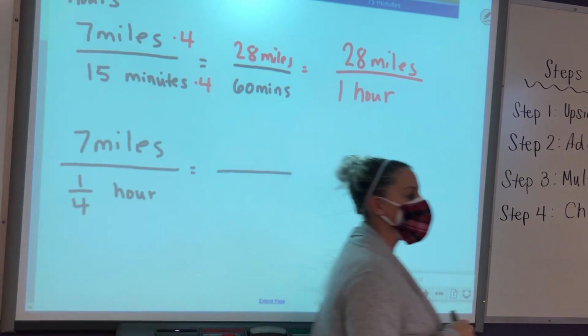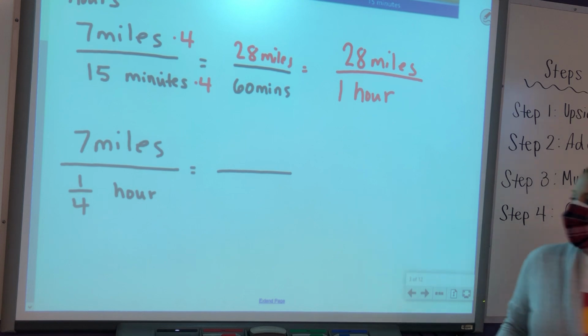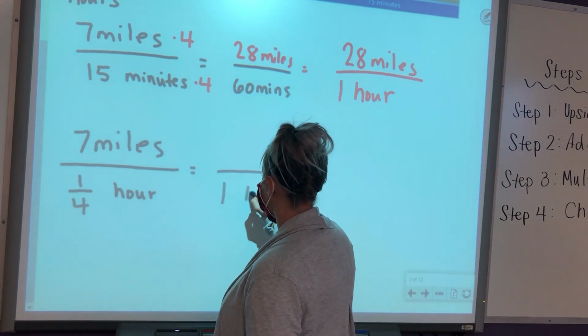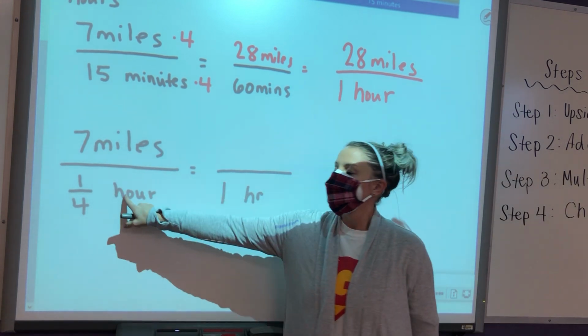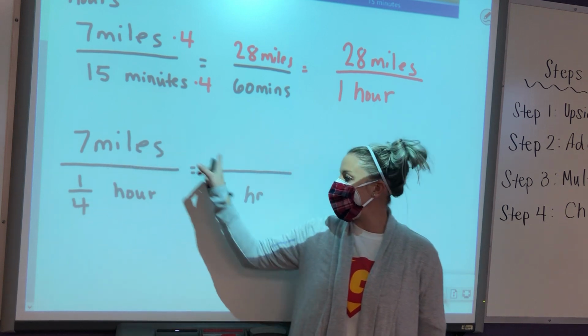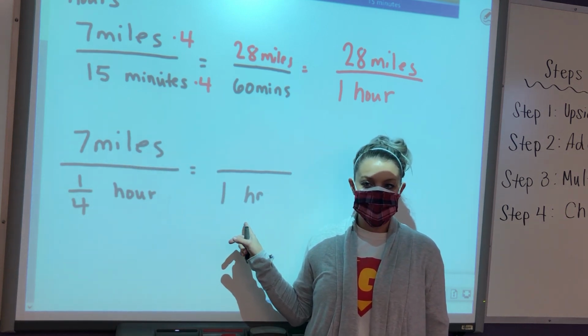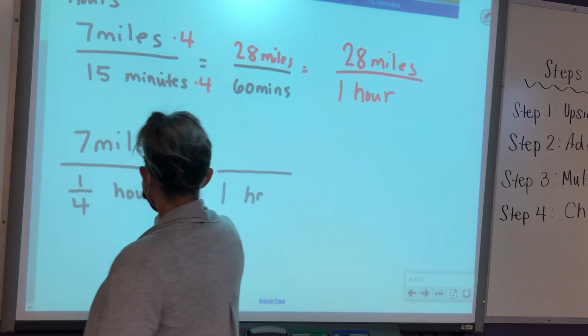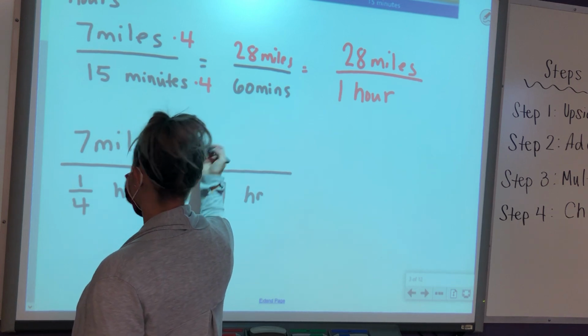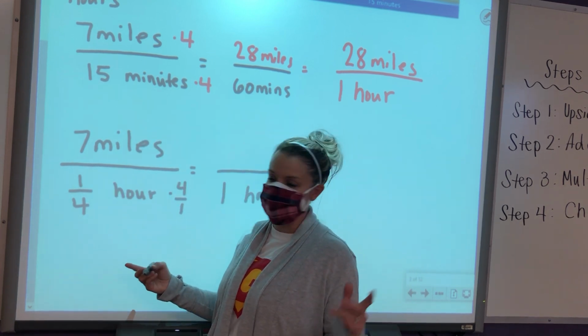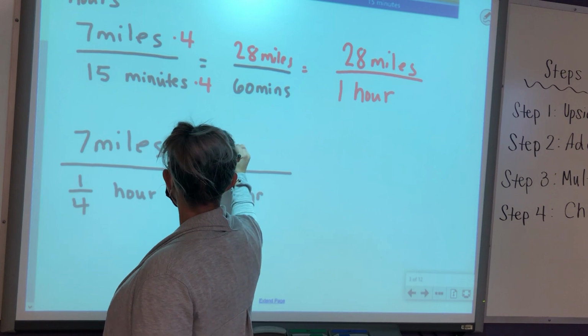Does that change my process at all? No. If I need to get to 1 hour, it used to be 4 fours. How do I get from 1/4 of an hour to an hour? Times 4. So I'd have to multiply by 4, so we would do the same thing.